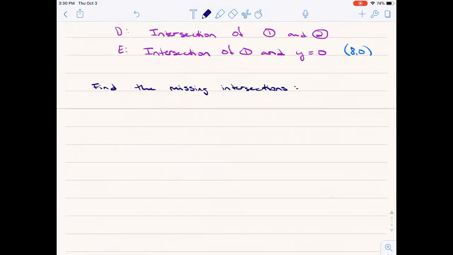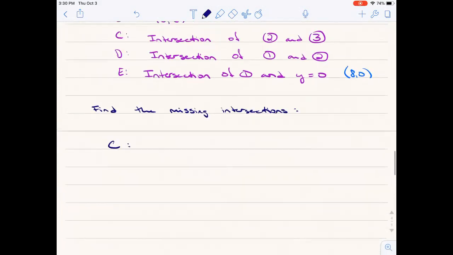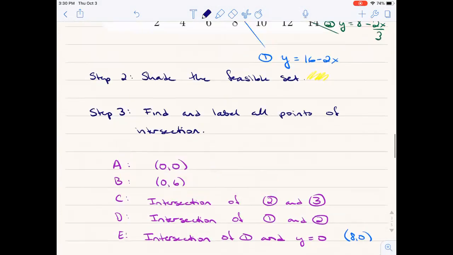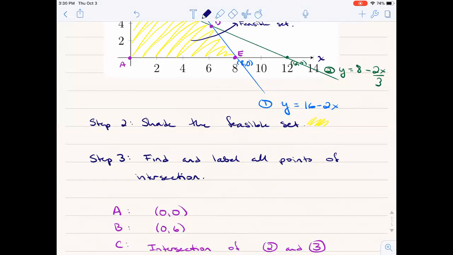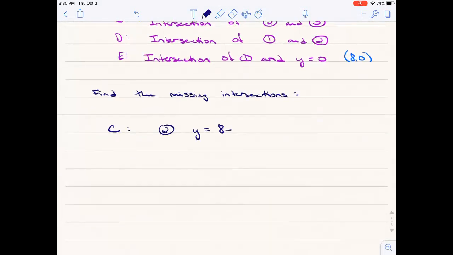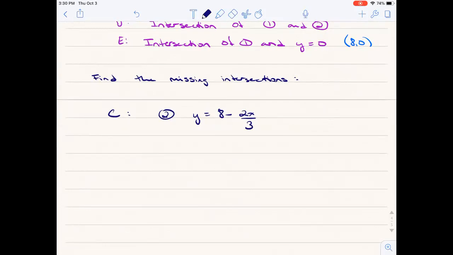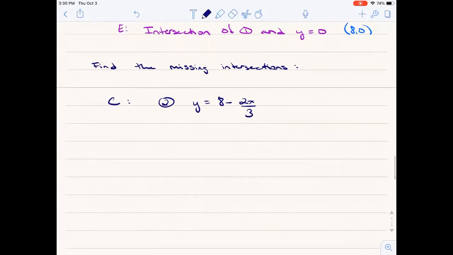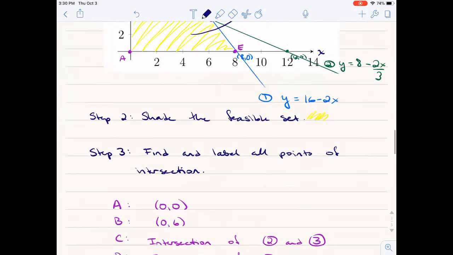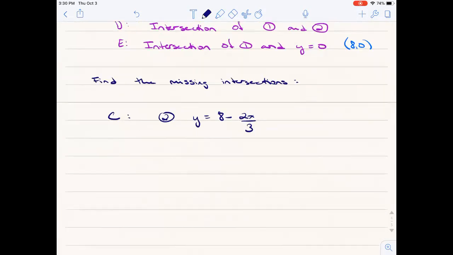So the first one is C, which we said was the intersection between line 2, which was what? y equals 8 minus 2x over 3, or 2x over 3. Doesn't matter. Multiplying and dividing. And line 3, which is y equals 6.